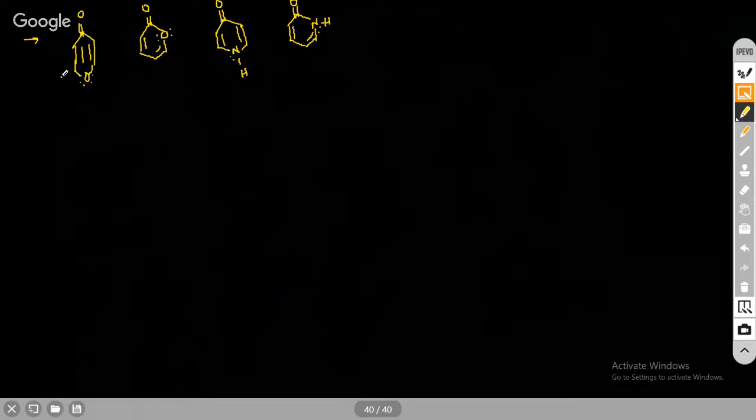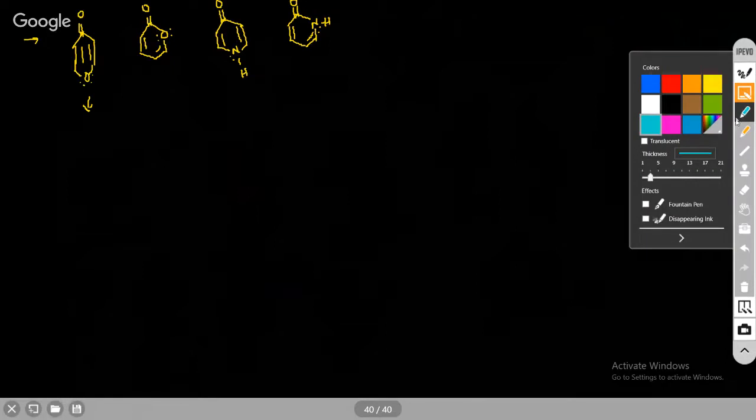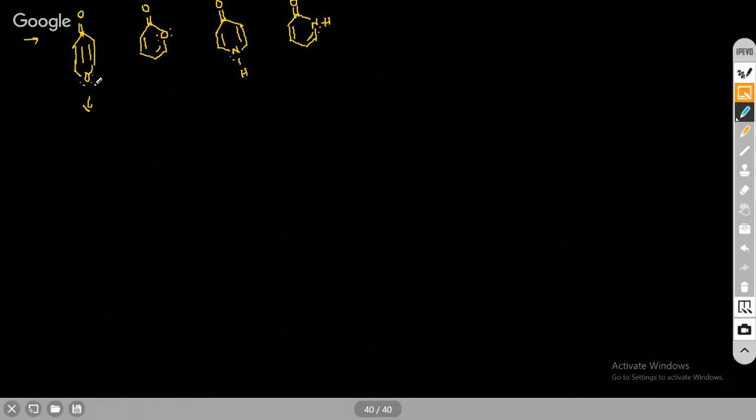In this one, you see the number of pi electrons here. One lone pair of this oxygen, and here we have 2 and 2. So we have 6 pi electrons here. In this one, you see one lone pair, 2 plus 2, 6 pi electrons.